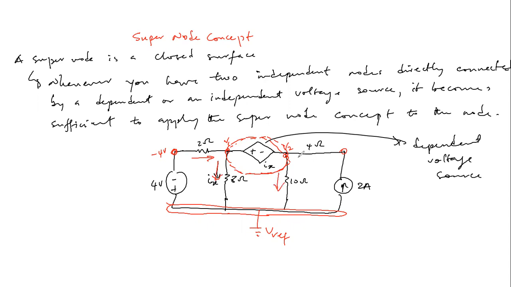In other words, it's a massive node. So currents can flow in through and out of this node, then we can apply KCL and also KVL. So let's talk about the steps required in resolving such circuits.